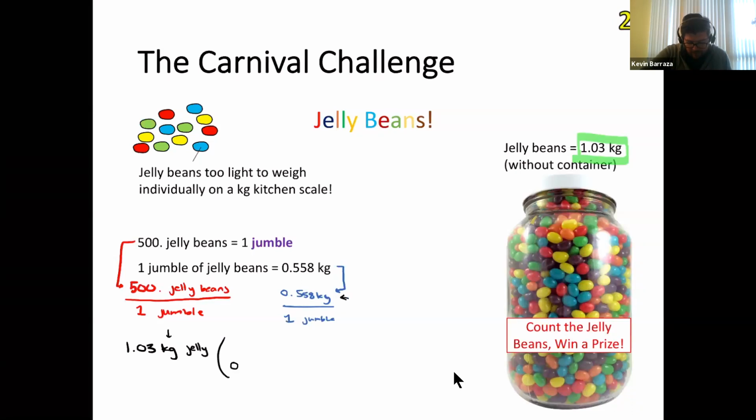So that's going to be 0.558 kilograms of jelly beans, this is my made up unit, a jumble of jelly beans. When we do that, my unit of mass cancels and I have a jumble. Now, what am I going to do? I'm going to use my second number. One jumble of jelly beans is 500 jelly beans.